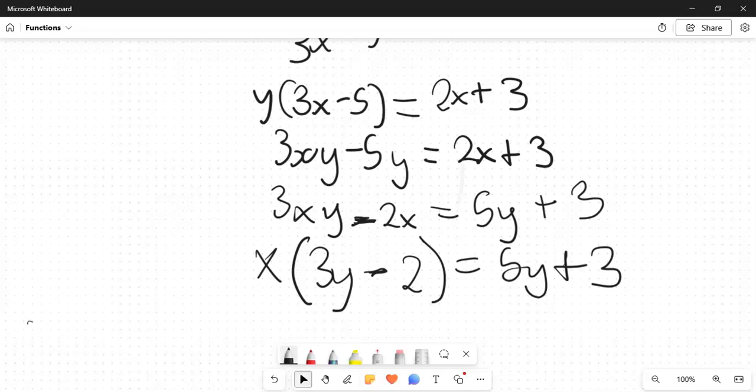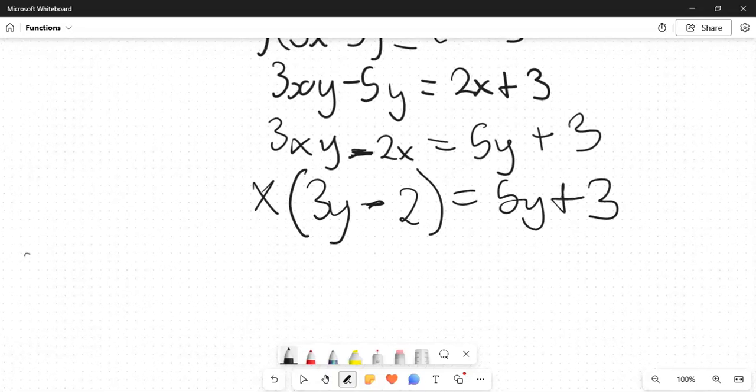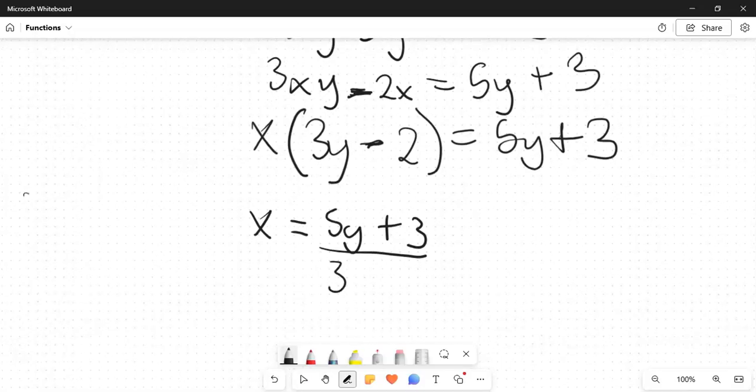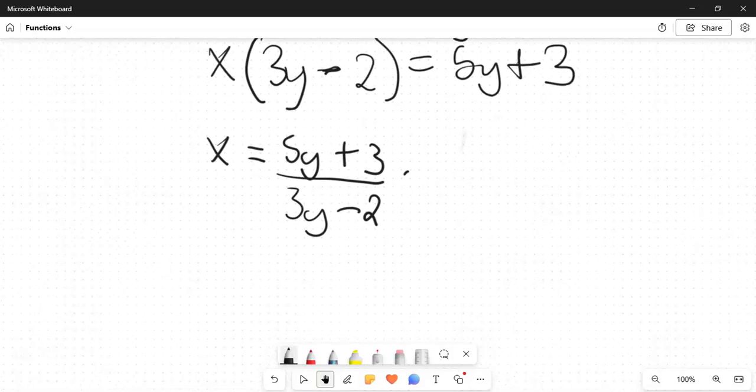Now in finding the range here, our final step, we always take the bracket to the denominator. So it will be y equals 5x plus 3 over 3x minus 2. Then we apply the method we always use.